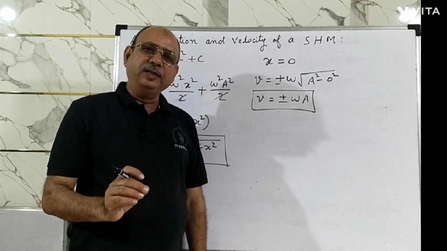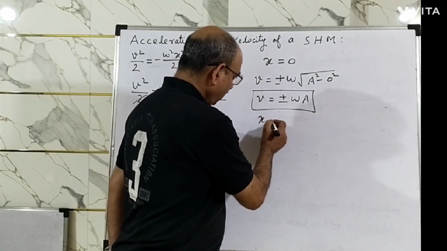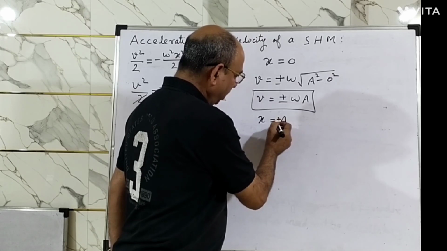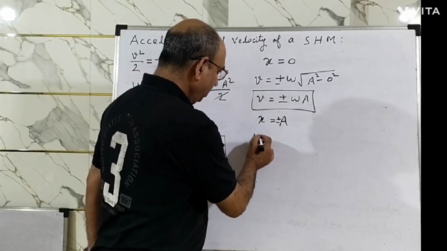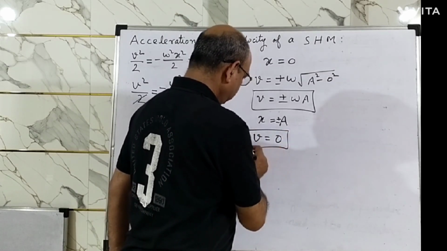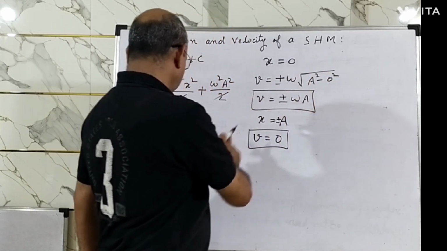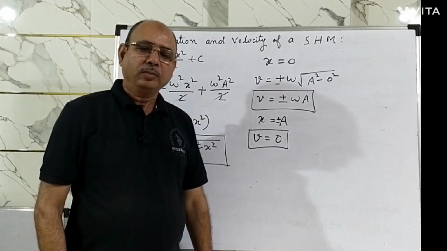And when the body is at the extreme position, x is equal to plus minus A, then this velocity v will be equal to 0. A square minus A square is 0, therefore v is equal to 0.